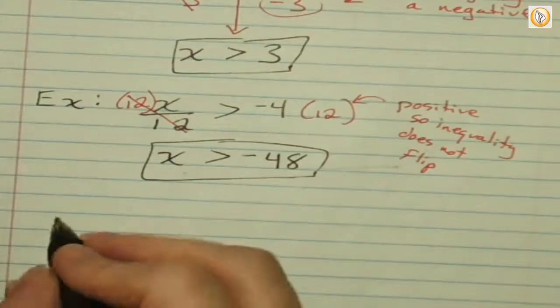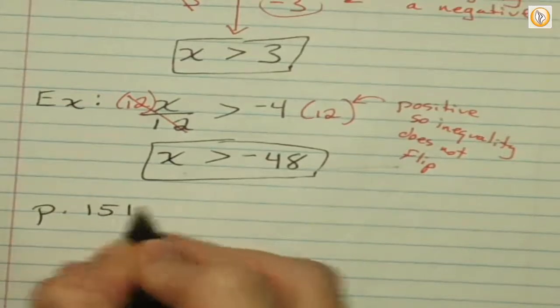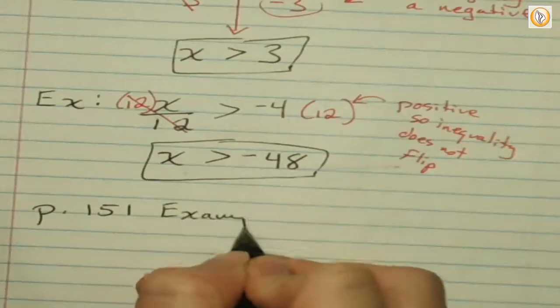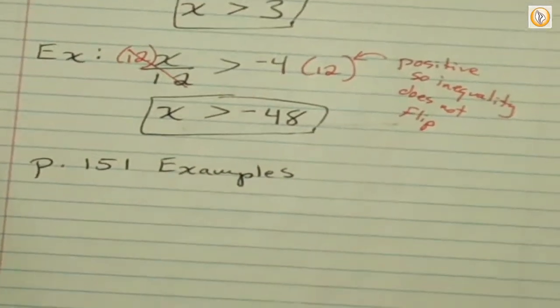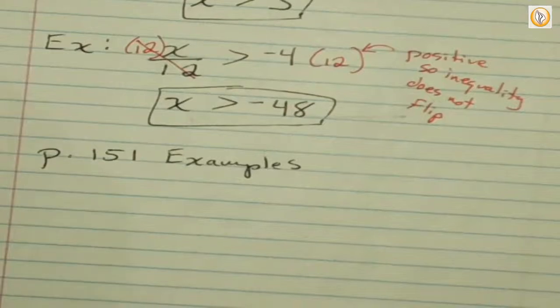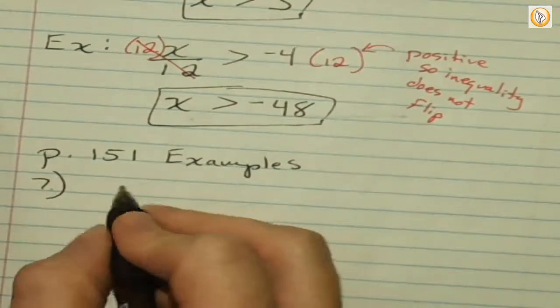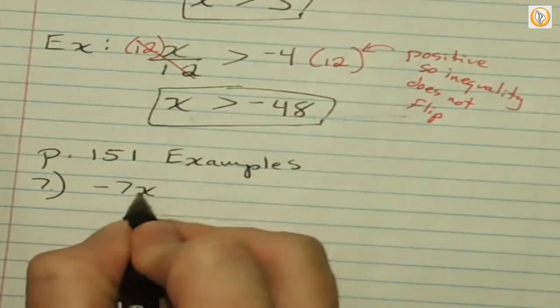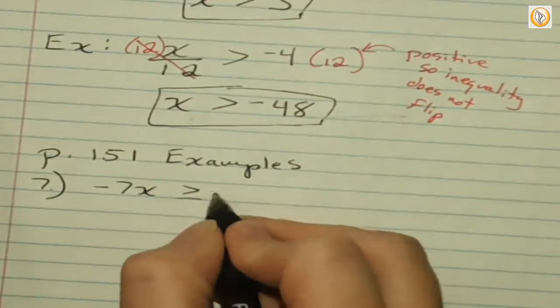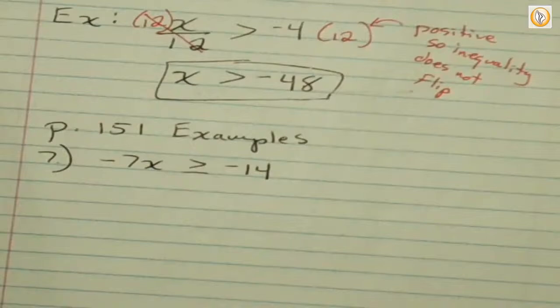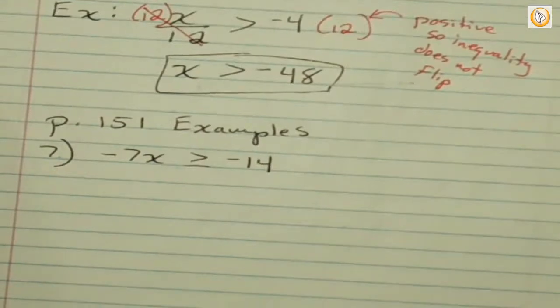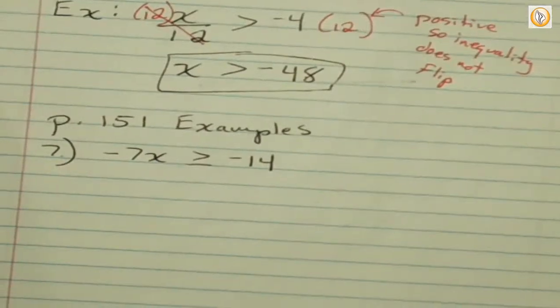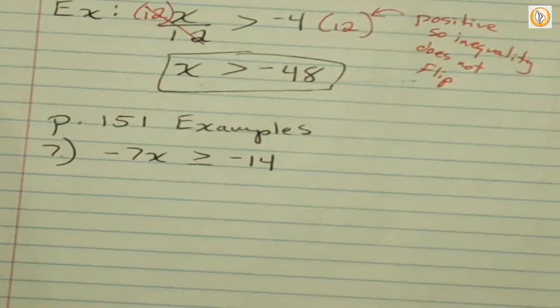All right, open up your books to page 151, examples. All right, number 7. Negative 7x is greater than or equal to negative 14. Morgan, why don't you solve this one for us?